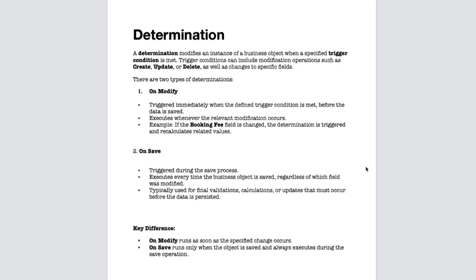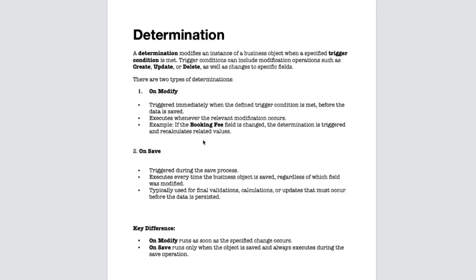Okay, we have two types of determination. First is on modify and second is on save. Okay, the on modify determination is triggered when the defined trigger condition is met before the data is saved. This on modify determination happens before the save event.